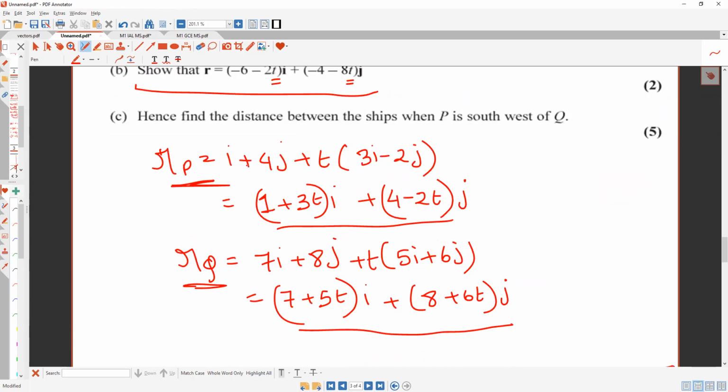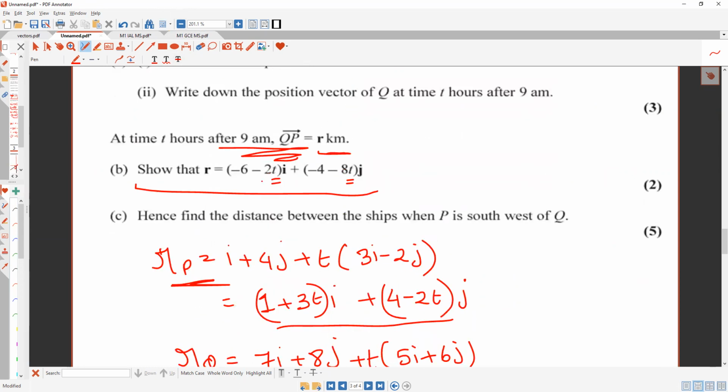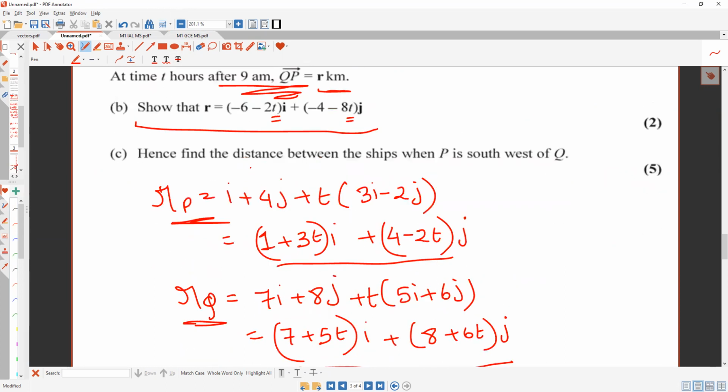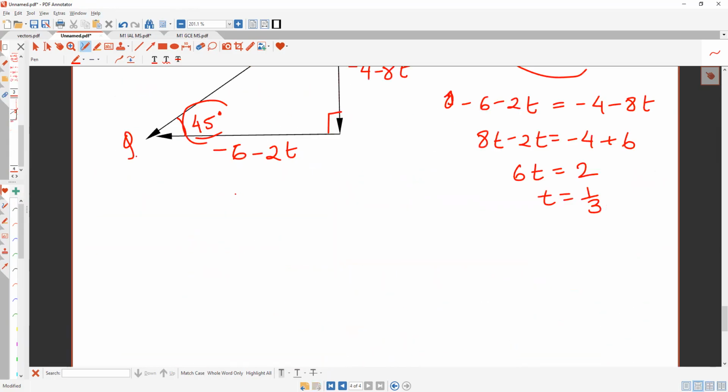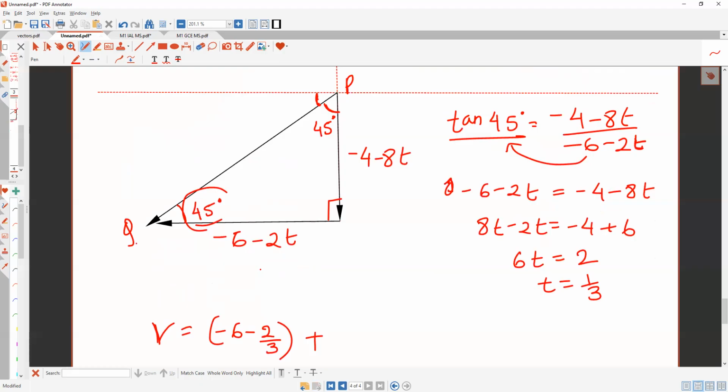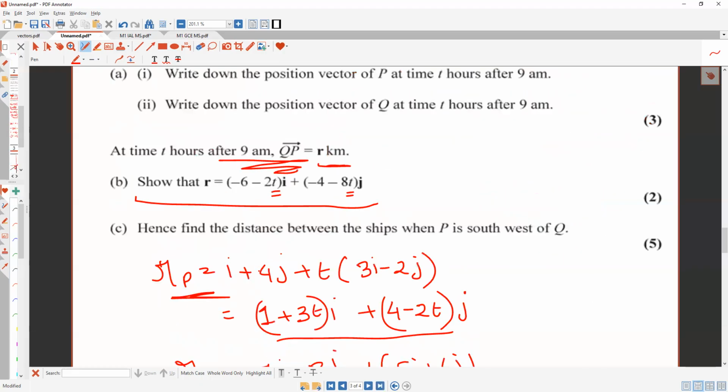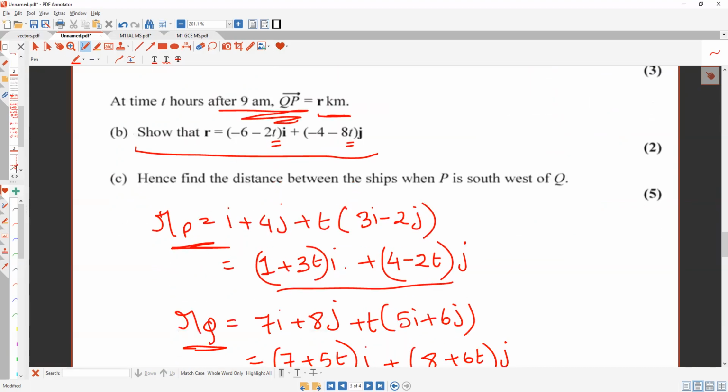Clear? So all I'm supposed to do is, how much is it? Minus 6 minus 2 by 3, because 2 into 1 by 3. Let me use the calculator. So R is equal to minus 6 minus 2 by 3, plus minus 4 minus 8T, that is 8 by 3.